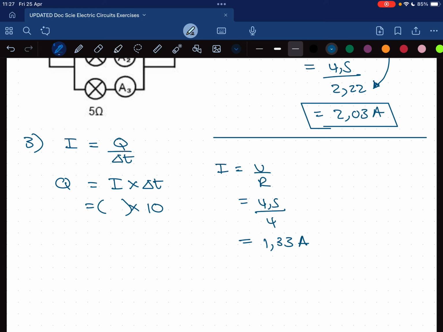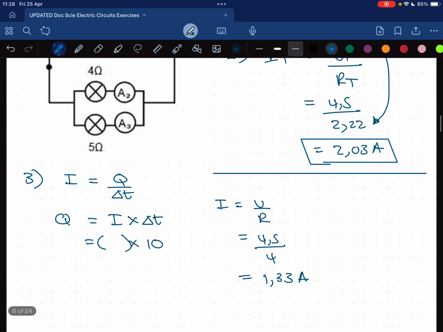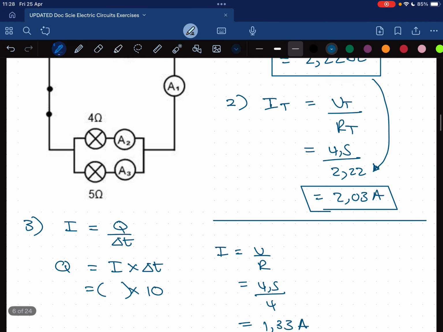Okay, what you also could have done is you could have said by calculating using the ratios, you could have also used the ratios to split it. And you could have said, well, if you know what the total current is, then you can also work out the 4:5 ratio as well.